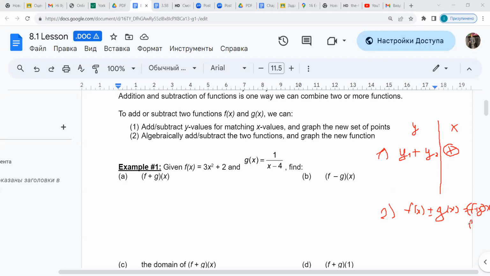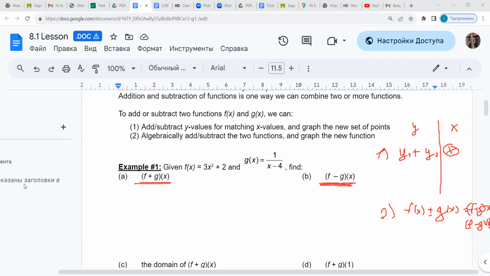If we subtract them, we're going to get f minus g of x. As you can see here, this is f plus g of x, this is f minus g of x. Is that clear for now? Now we're going to take a look at how we can do that. No questions? Okay, silence means no for me.